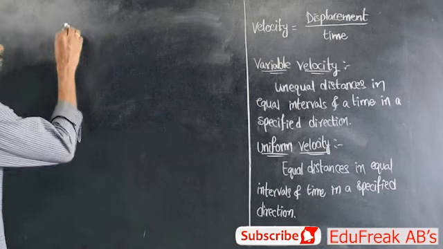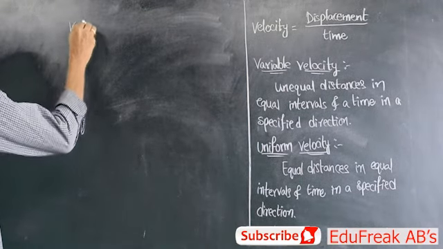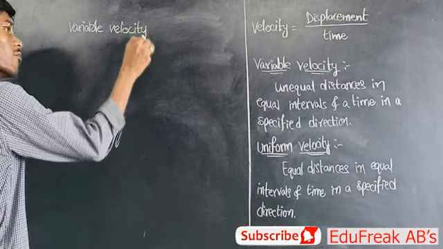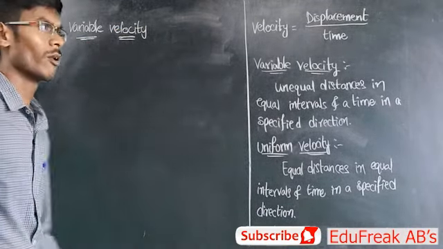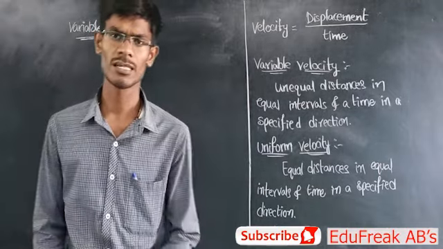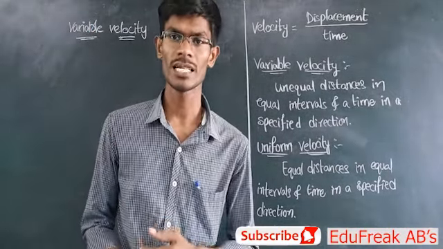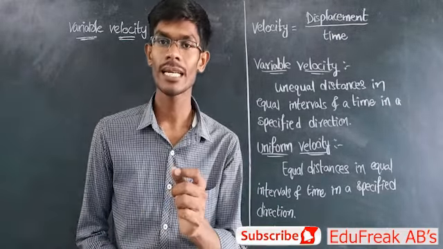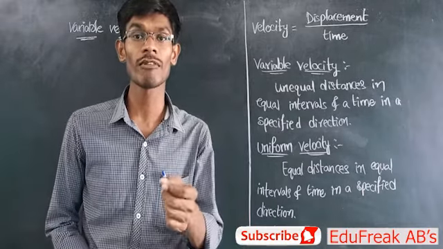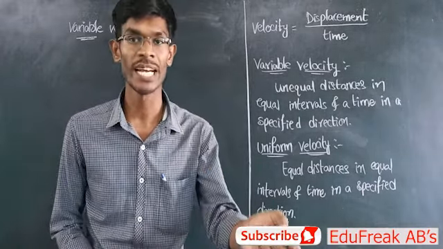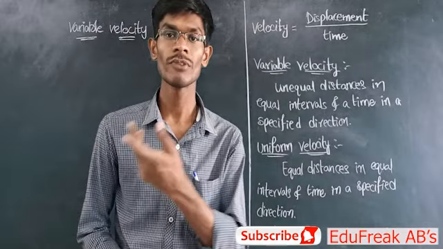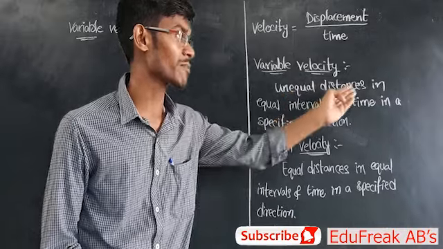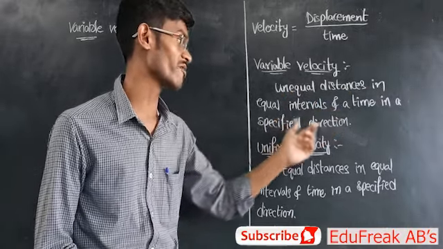Then what is non-uniform velocity or variable velocity? We have different definitions for it. First, if an object is covering equal distances in unequal intervals of time in a specified direction, it is represented as variable velocity. Or an object is covering unequal distances in equal intervals of time in a specified direction.